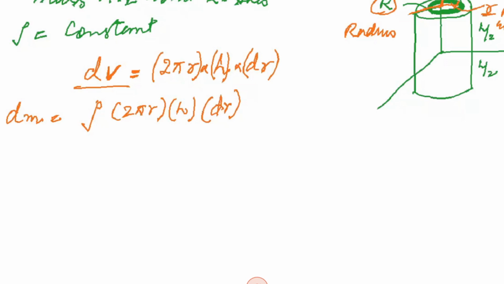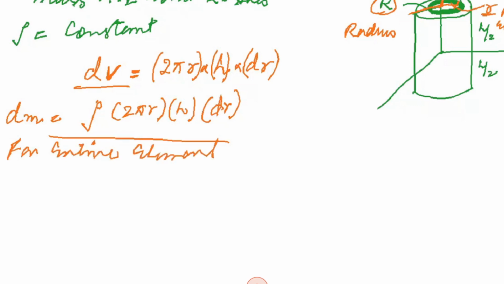Then the moment of inertia for the element at distance r will be dIz equal to r square dm.